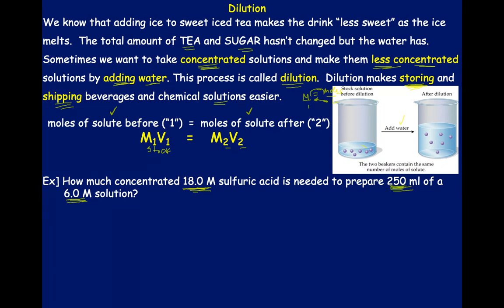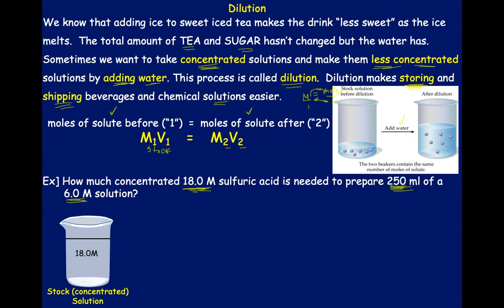All right, if I look at a picture of this, let's say I have a certain amount of 18 molar. That's my concentrated stock solution, so I can take that out of a storeroom or out of a bottle. I want to know how much of this really strong stuff do I have to take out to put into this beaker and then fill it up with water so that I hit the 250 milliliter mark?